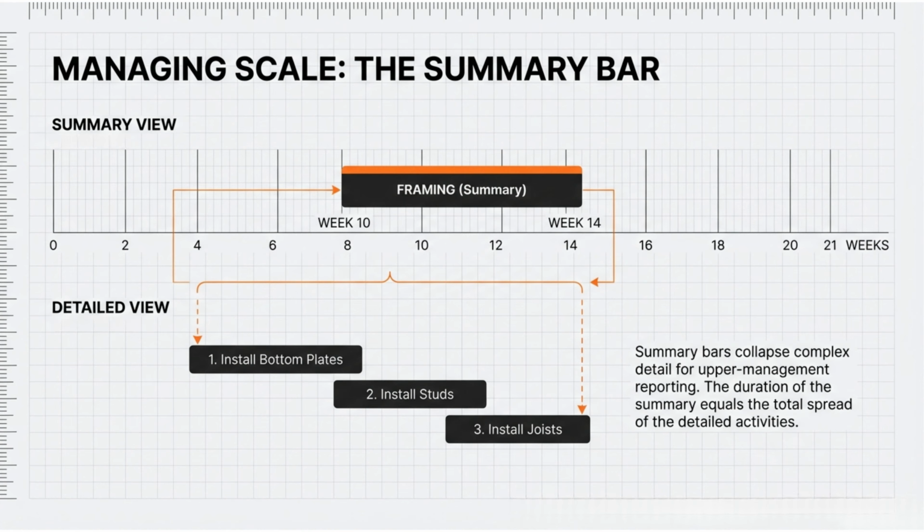This technique lets you scale from a small project to a mega project while keeping your communications appropriate for your audience. The golden rule? Match the level of detail to the decisions being made by whoever is reading it. The CEO does not need to know when you're installing each individual joist. The framing crew does not need to know the project's overall financial forecast. Give people what they need to do their jobs.